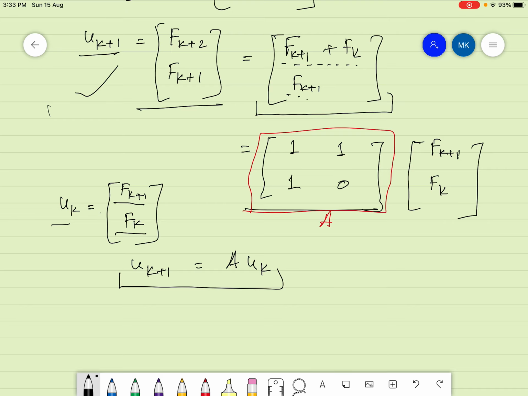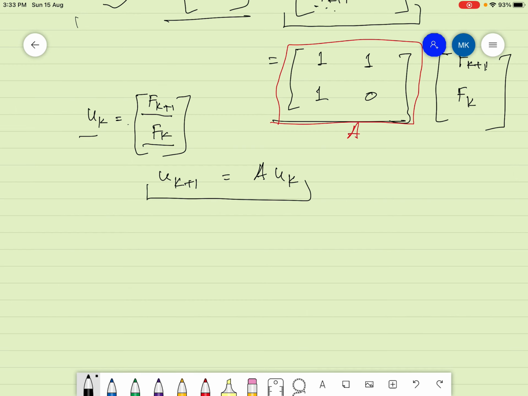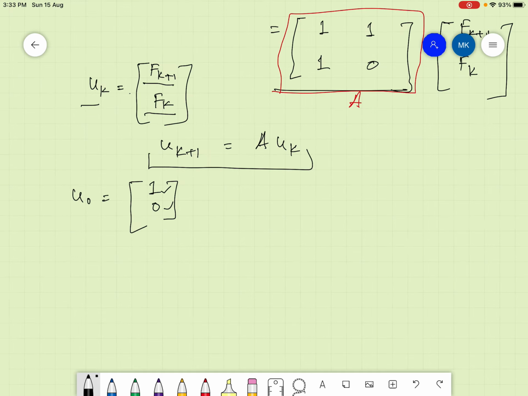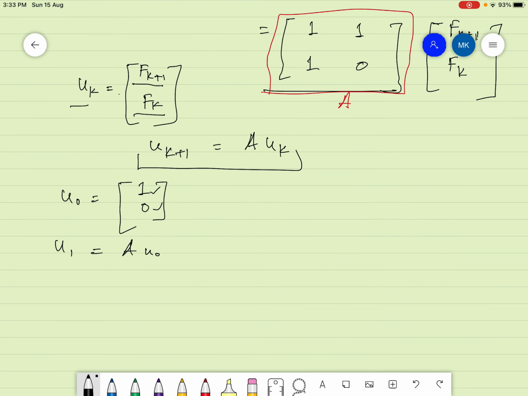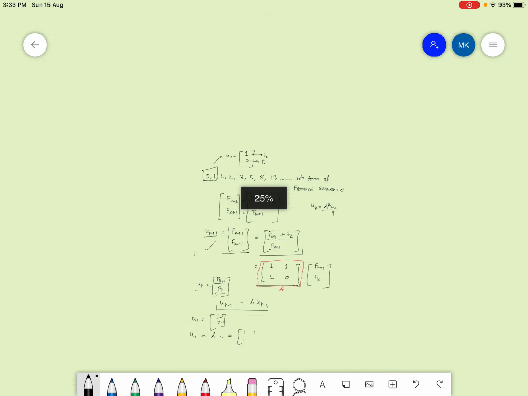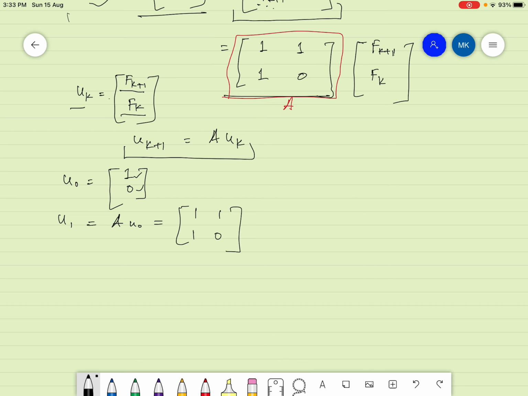According to this formula, we have u naught equals 1 0, the first and the second term. So u1 should be A into u naught. This would be 1 1 1 0 into u naught, that means 1 0.